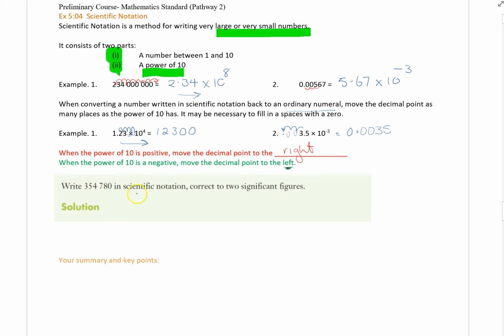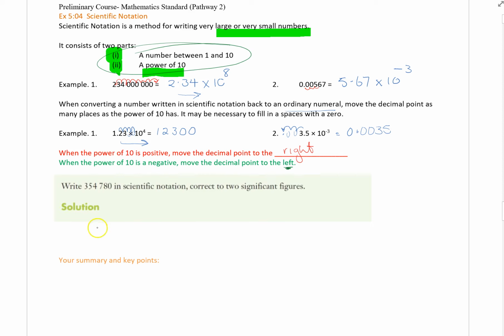Now, in this example, you can see that we're going to write it in scientific notation and then round it to 2 sig figs. Let's see what that looks like. To write this number in scientific notation, I have to follow these steps. 1, write it as a number between 1 and 10.